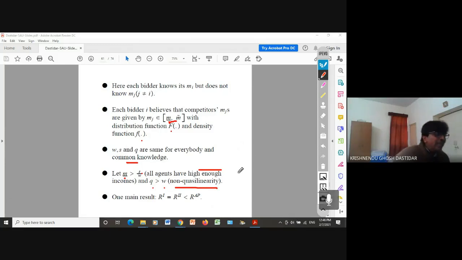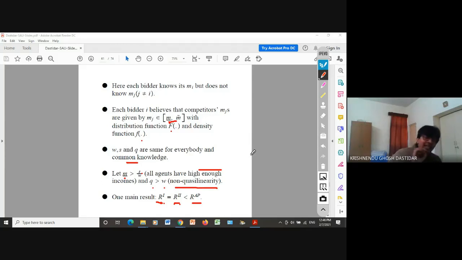One of the main results that I have been able to derive here is that there is partial revenue equivalence. That is, first price auction revenue is R1, this is second price auction's revenue, and this is all-pay auction's revenue. There is revenue equivalence between first price and second price auctions, but the all-pay auction gives an expected revenue which is strictly higher than what you would get in first price and second price auctions.